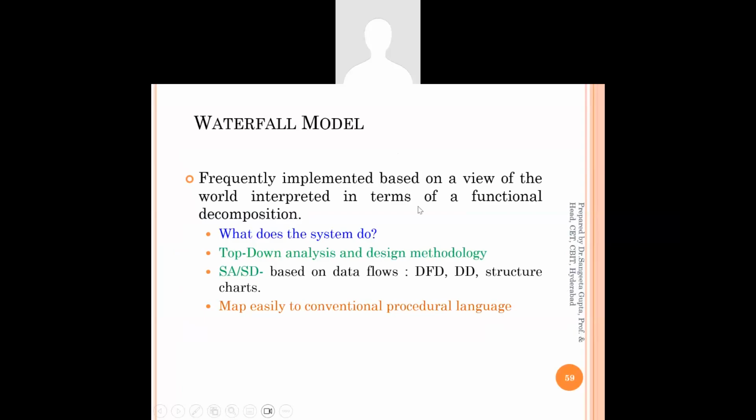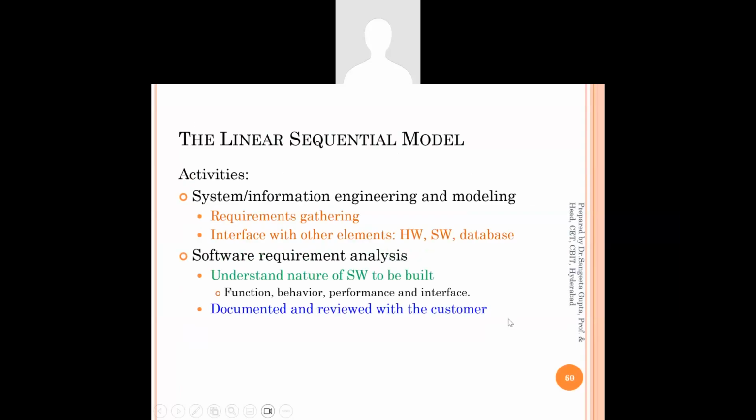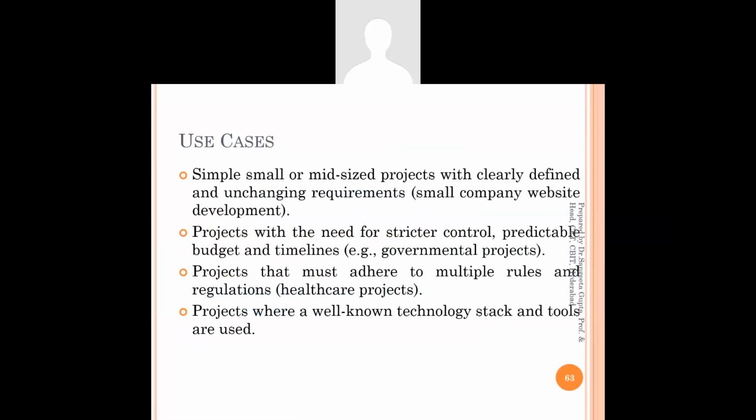The waterfall model is frequently implemented based on a functional decomposition concept where we focus on what the system does and we apply top-down analysis and design methodology. Also, this model maps easily to the conventional programming languages.